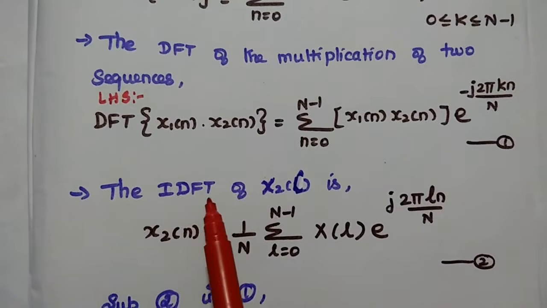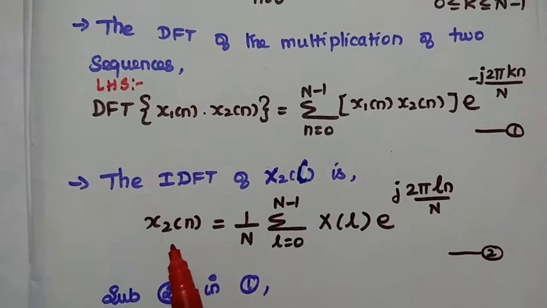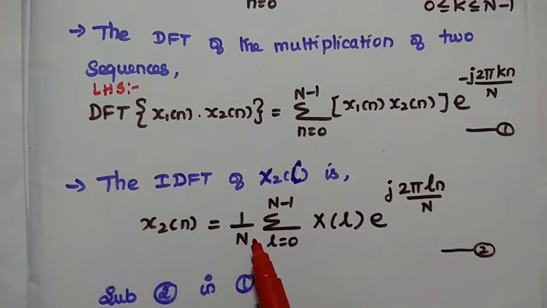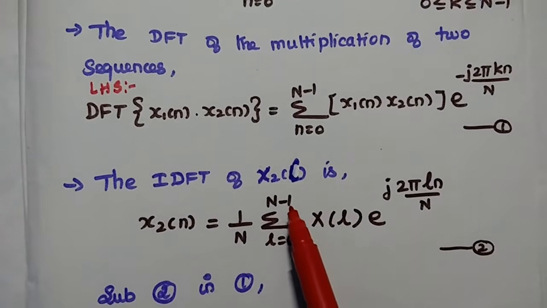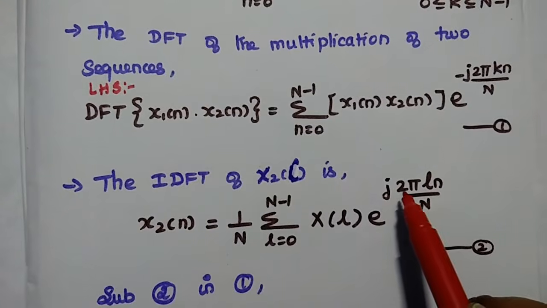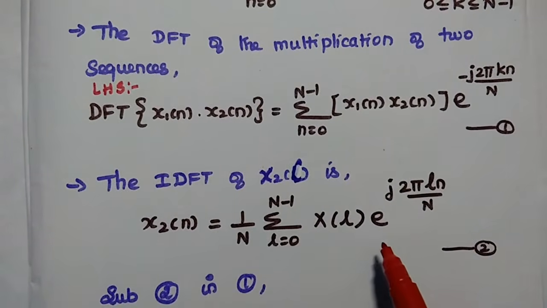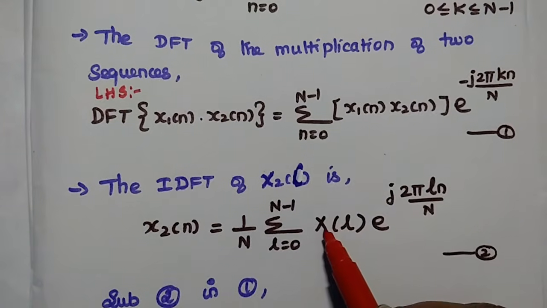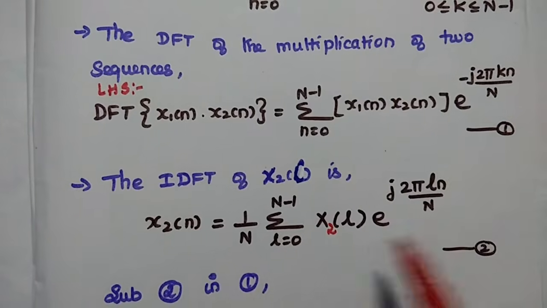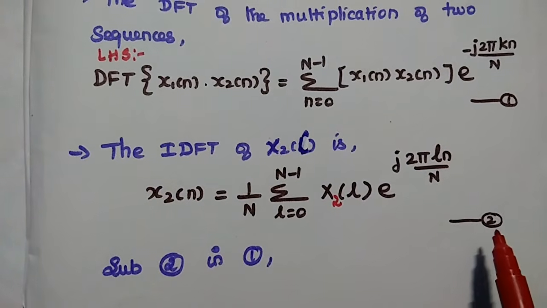The inverse DFT of X2 of L gives x2 of n is equal to 1 by N summation L is equal to 0 to N minus 1 X2 of L e power plus j 2 pi ln by N. This is the formula of the inverse discrete Fourier transform. Here you have to mention X2 of L because it is x2 of n. Consider this equation as the second equation.